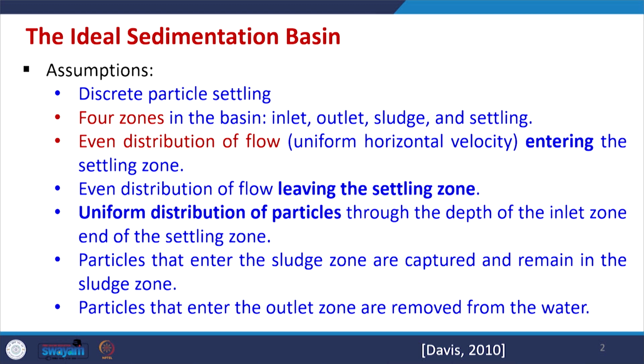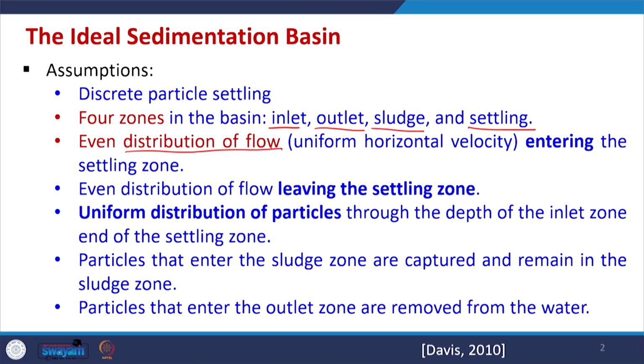Essentially, in the sedimentation basin there are four zones. One is the inlet zone, and the outlet zone is at the last. After the inlet we have a settling zone, and also a sludge zone in which the sludge gets settled down, and then we have the outlet zone. So, we have four zones.